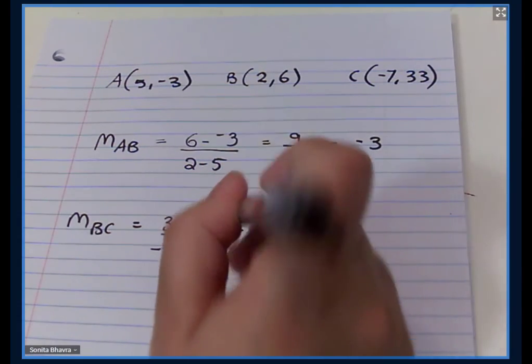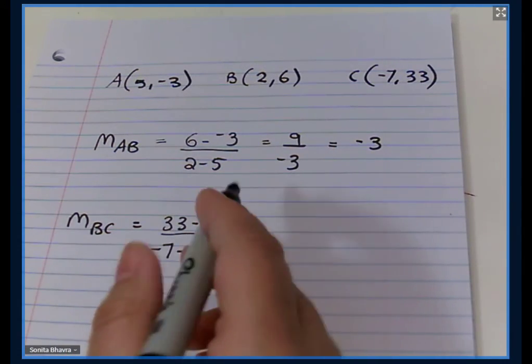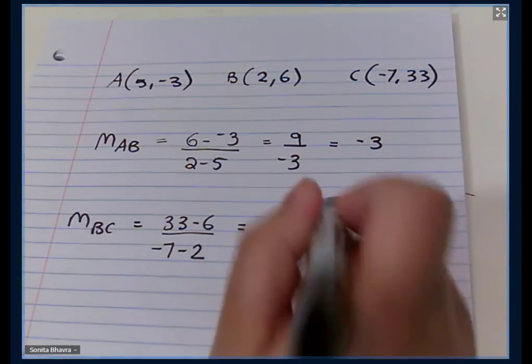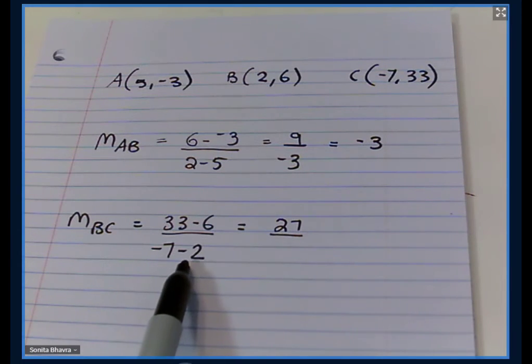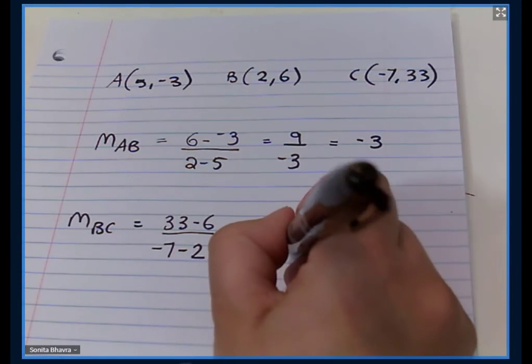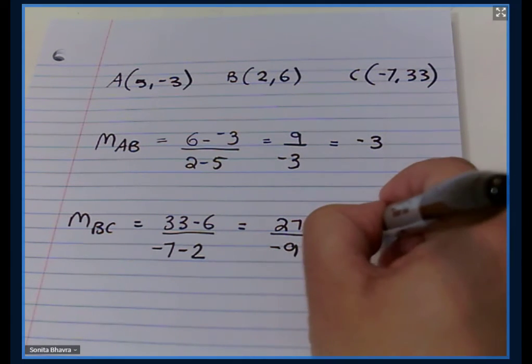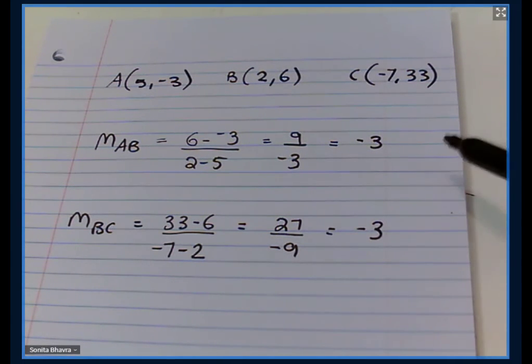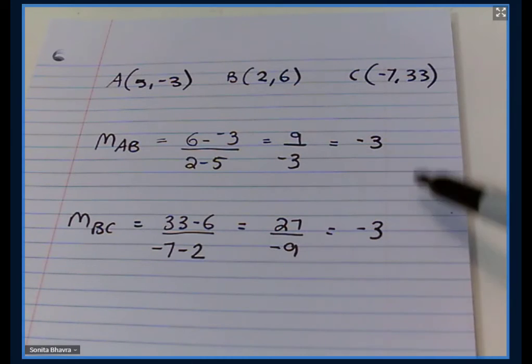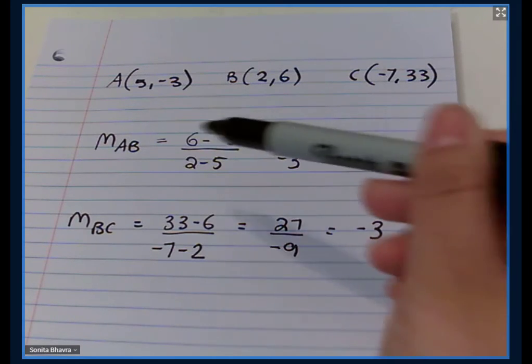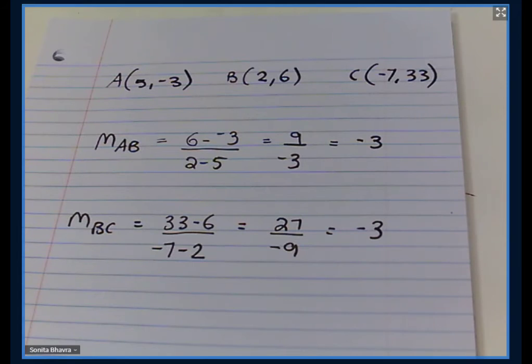All right, so 33 minus 6, that's 27. And then negative 7 minus 2, that's negative 9. 27 divided by negative 9 is negative 3. So because we got the same slope, we've already proved that the 3 points are collinear.